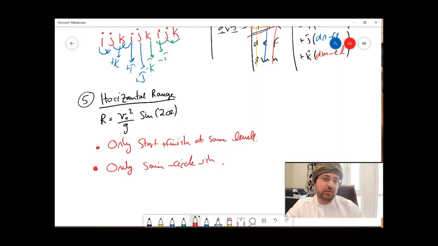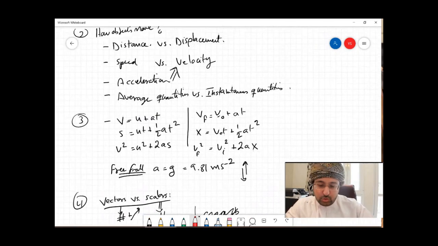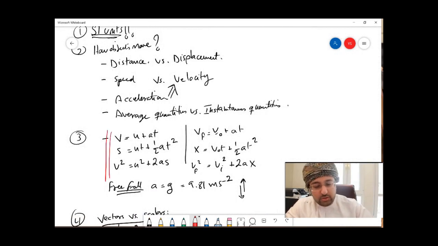Okay? It doesn't work for anything else. Please do not try to make it work with anything else. There is no way it works with anything else. Okay? It assumes starting and finishing at the same level. Normally just use those equations. Those equations will work perfectly well for any case whatsoever.